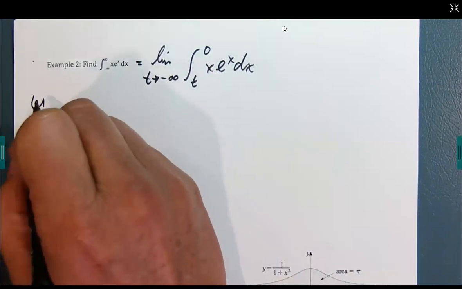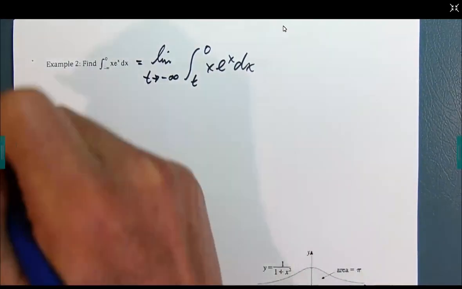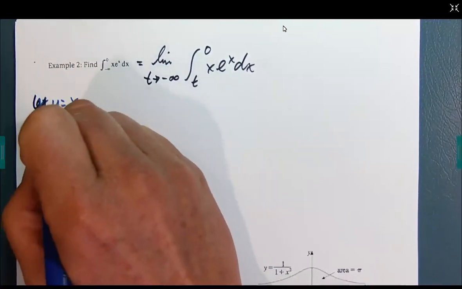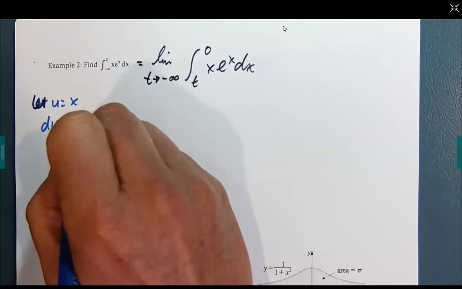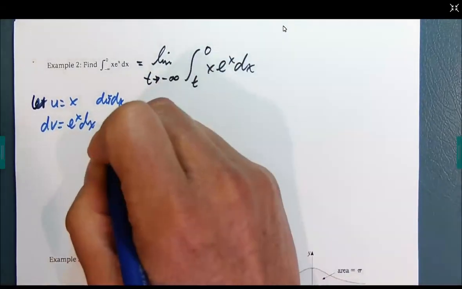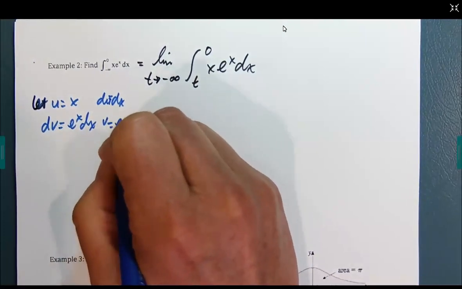So let's switch colors there. Let u be x, dv is e to the x dx, du is dx, and v is e to the x.